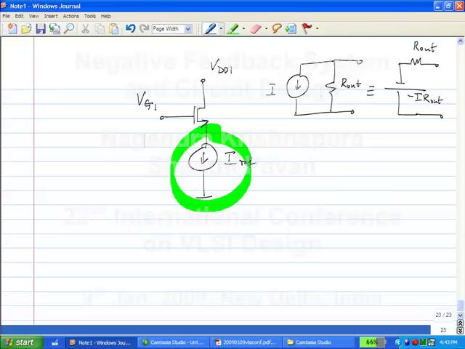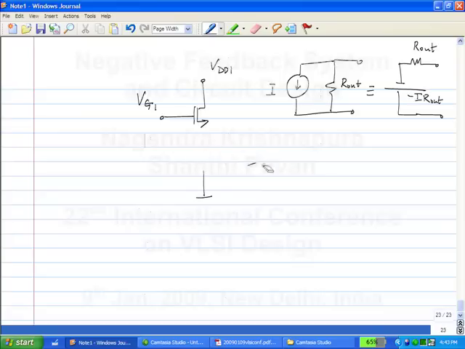So what should you do? If you can't afford a current source, you can do the poor man's current source, which can be approximated by this: minus I times R out, and R out, correct?